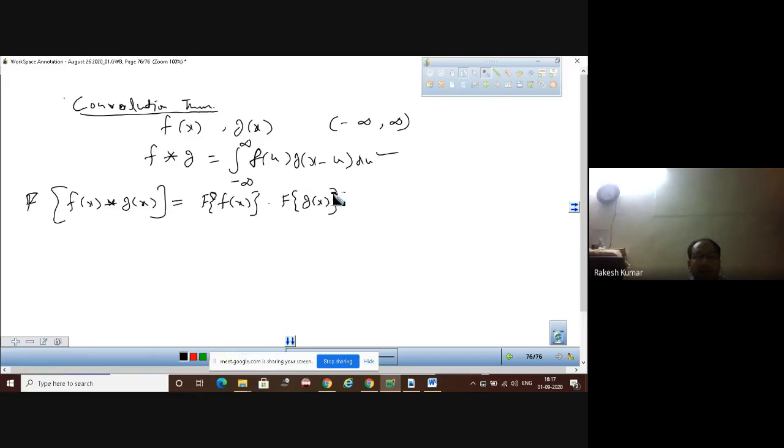So this is the statement of the theorem, and we shall prove it by using the definition of convolution.